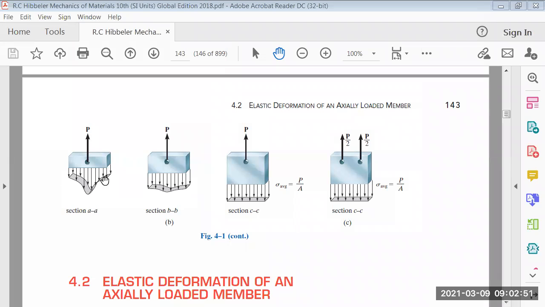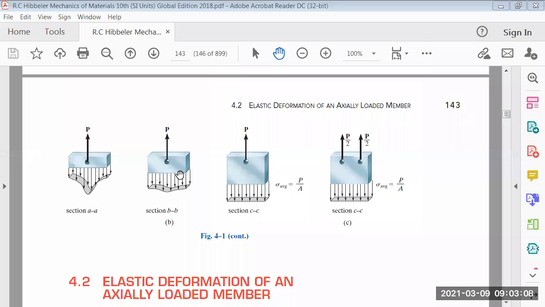While the edges are far away from the load, they are getting less influence from the load. That is why you have non-uniform distribution for the stress.